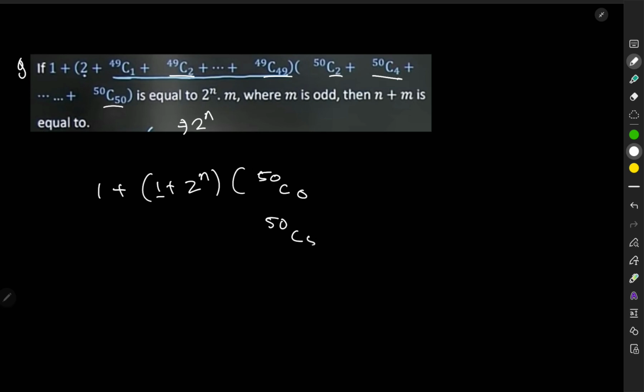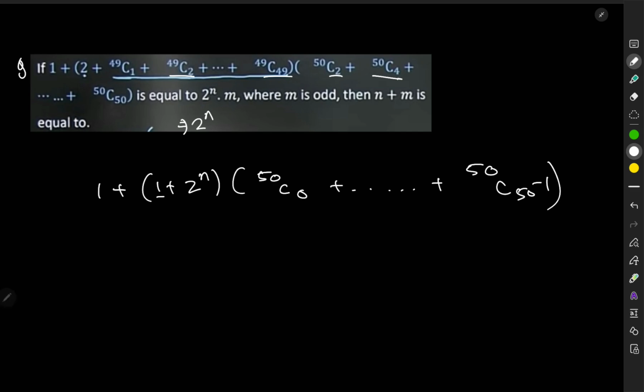So I can just add and subtract this 50C0. So this 50C50 will be cancelled and it will be running till 50C49. That's it. Or I can also write it like 50 minus 1, right? Because 50C0 is 1. So I can also write it like this.